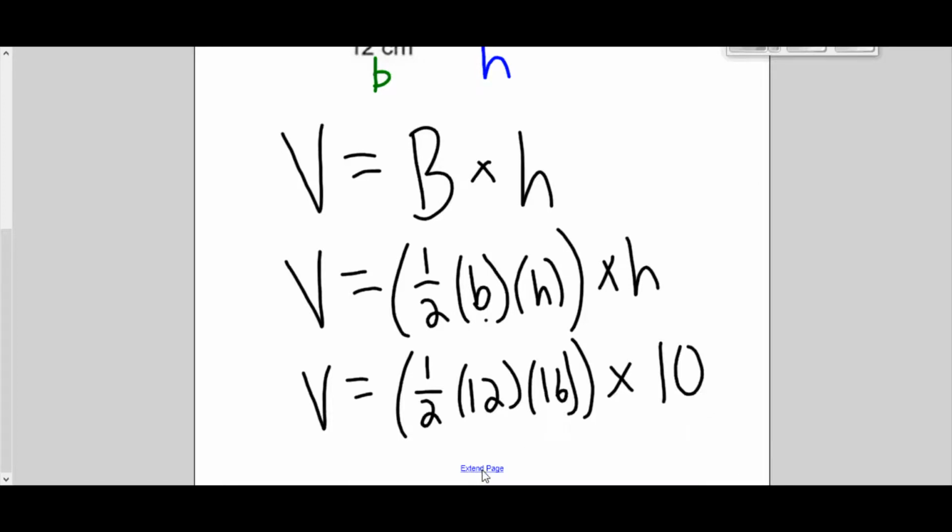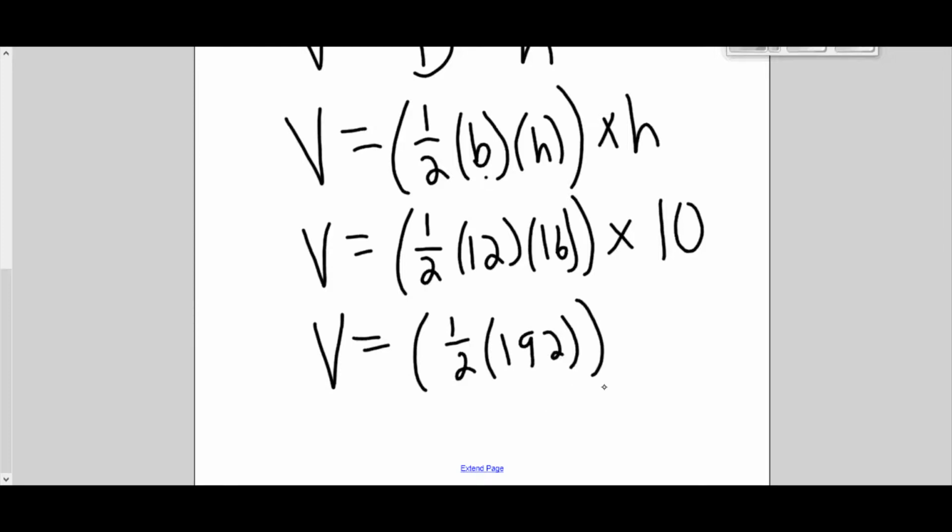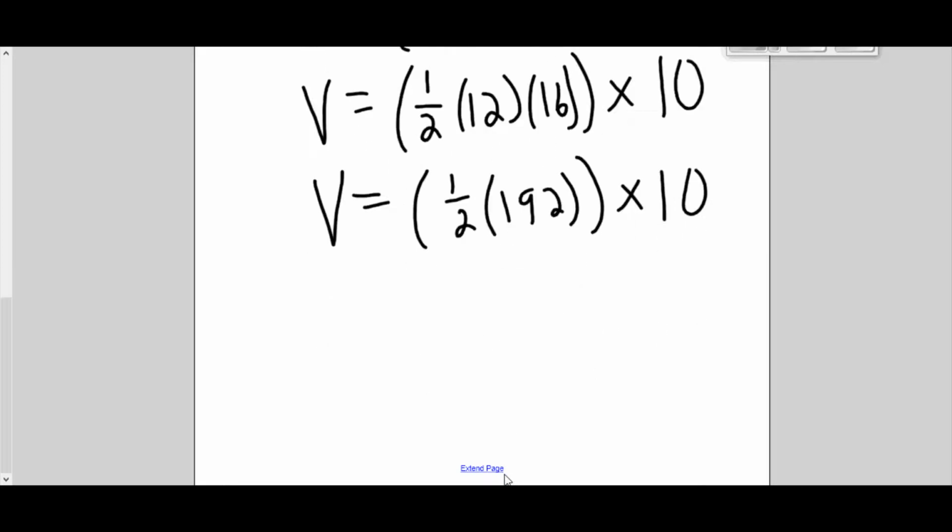So we're going to simplify this a little bit. So the volume, 1/2 of 12 times 16. So this will be 1/2 of 192 times 10. So 192 divided by 2 is 96.